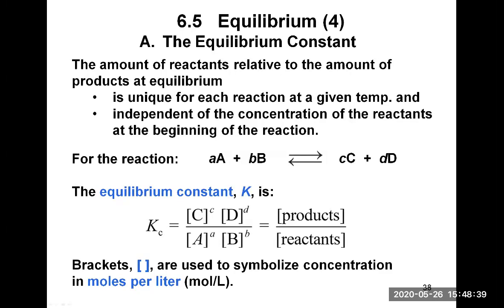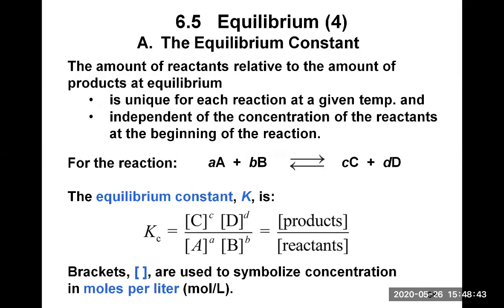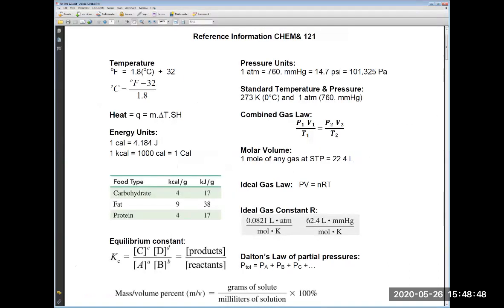So this formula can be found in the reference packet. So here we have the reference packet, and the first page of the reference information for Chem 121 has this formula.